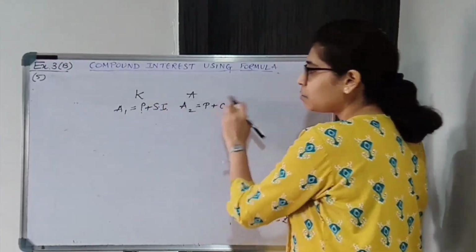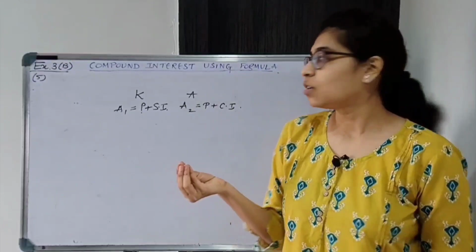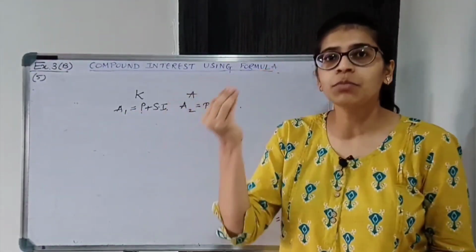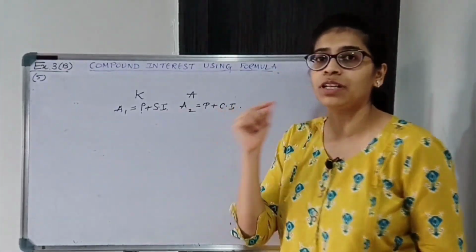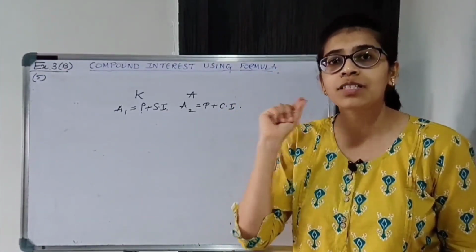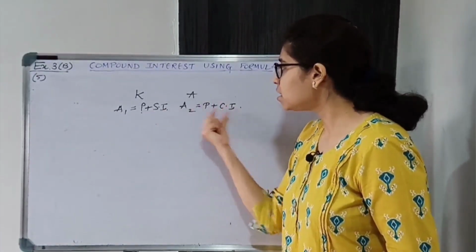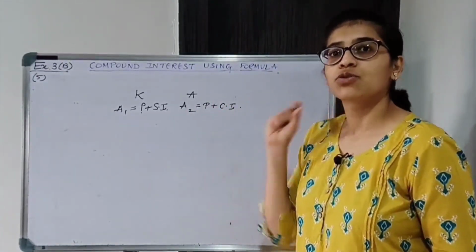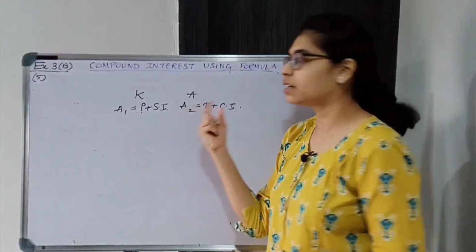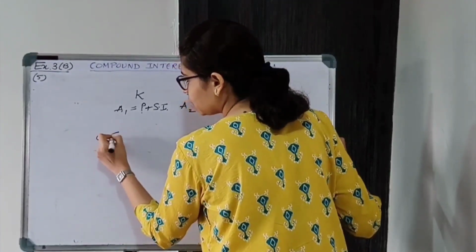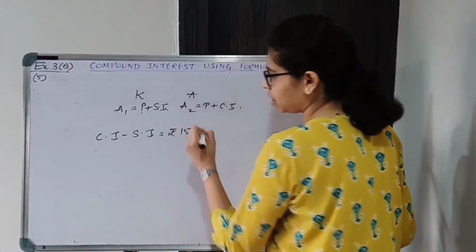Simple interest and compound interest will be different. So the difference in amounts that you are given is nothing but the difference in the interest that both will get, because the principal of both is the same. So the difference is in interest over here. So Anand will receive rupees 15 more than Kamal, that is CI minus SI is equal to rupees 15.